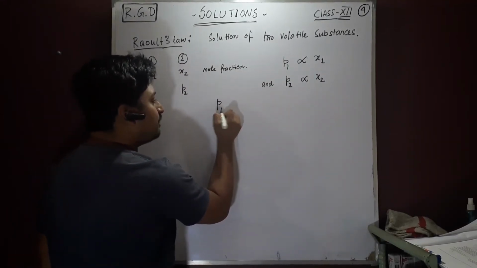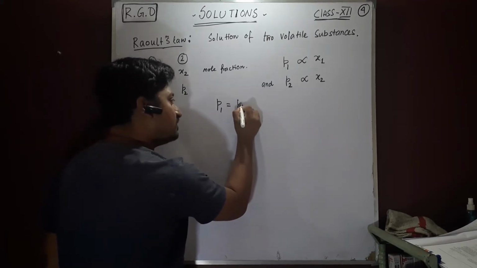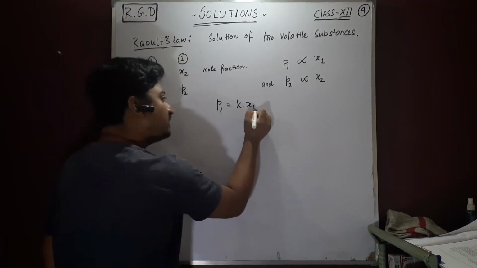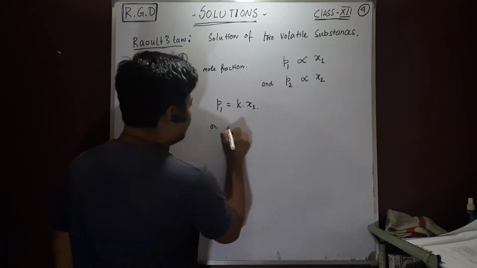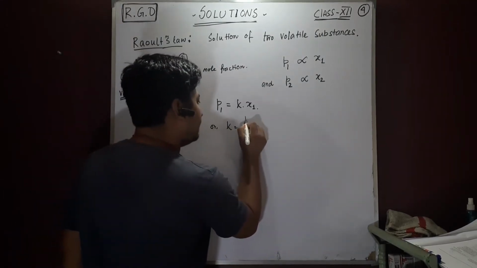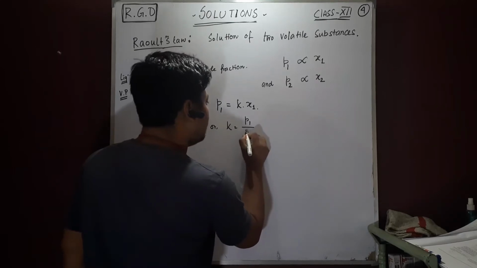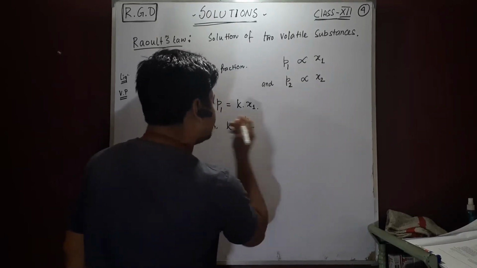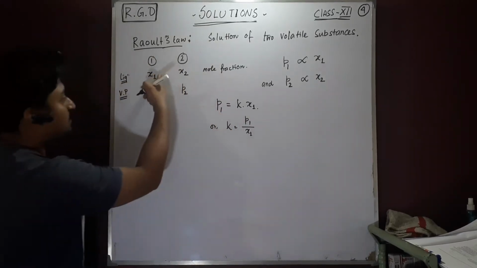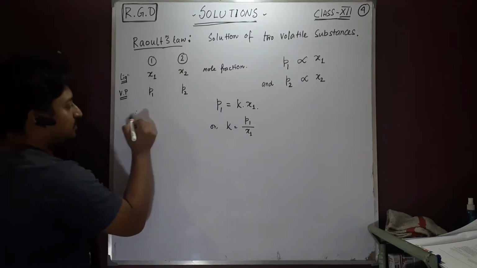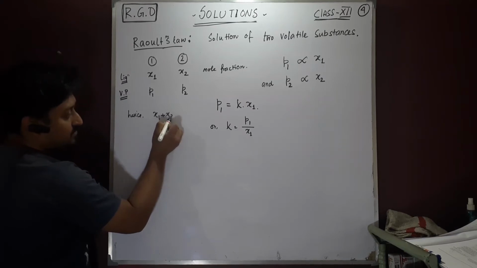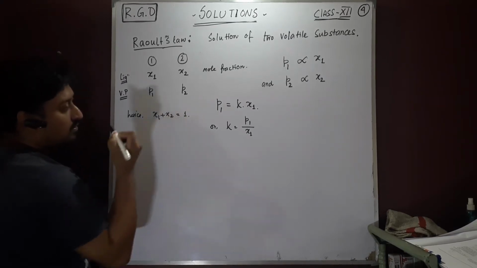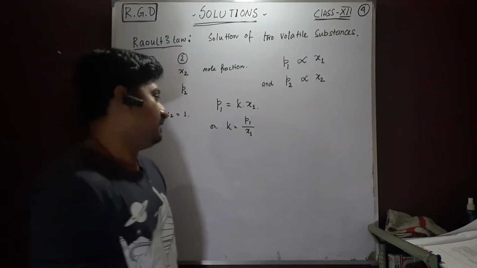I am putting, let's say, P1 is equal to some constant K into x1, or K is basically P1 by x1. Now, since the mole fractions are x1 and x2, we can write x1 plus x2 will be equal to 1, right?